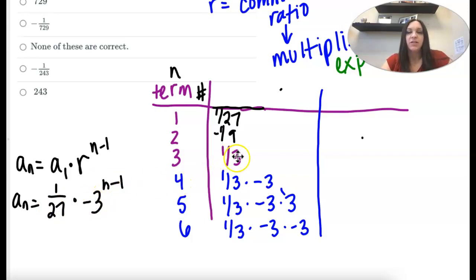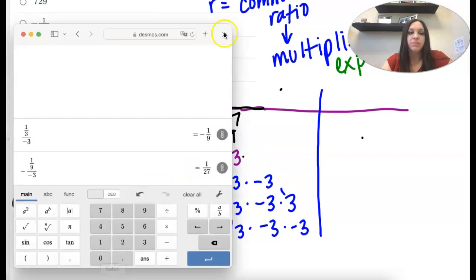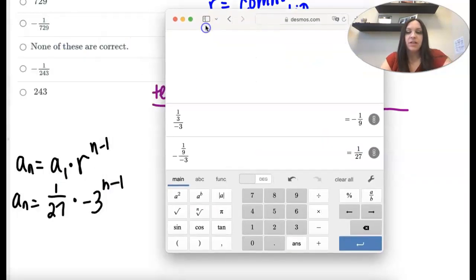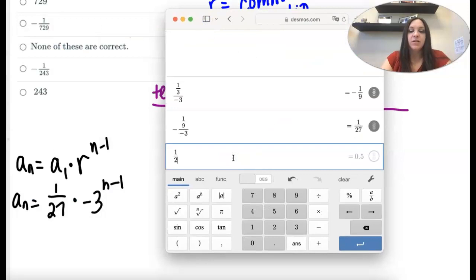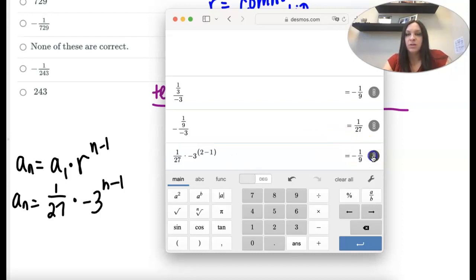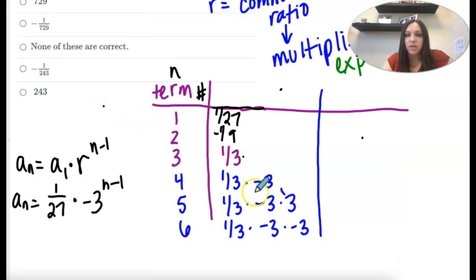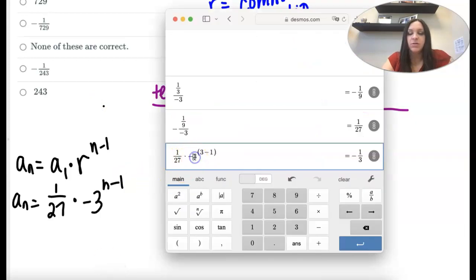Let's just check, the third term should be 1/3. So if I take 1/27 times -3 to the n, which is 3 minus 1, we get -1/3. So something is off because it should be positive. So let's change this to a negative.